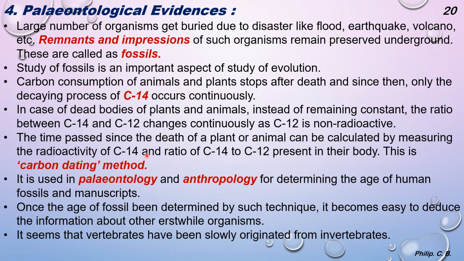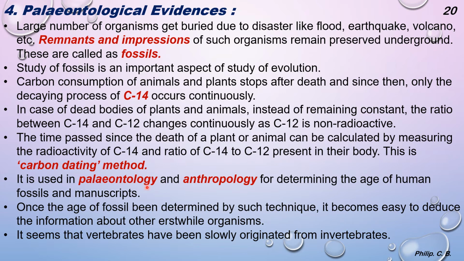The time passed since the death of a plant or animal can be calculated by measuring the radioactivity of C14 and the ratio of C14 to C12. So the difference in this ratio present in their body, this is called what? Carbon dating method. That difference helps us to know how many years old this particular species, plant or animal is.